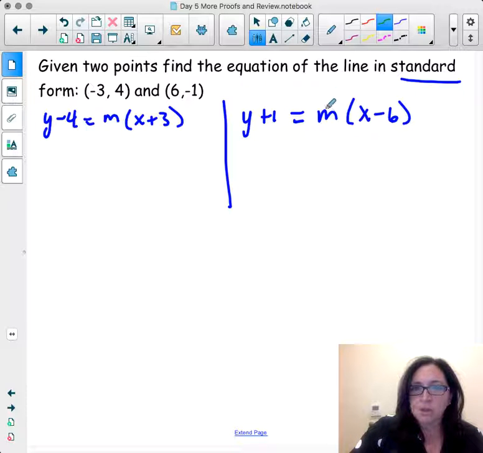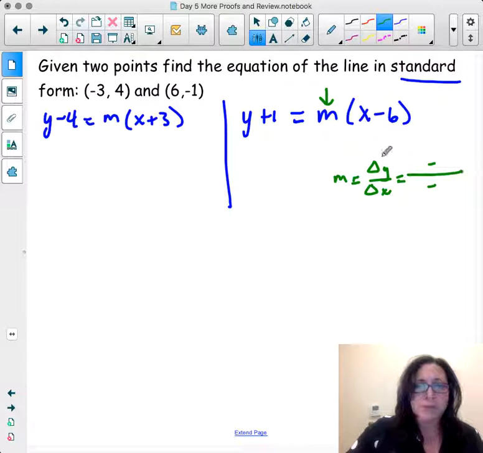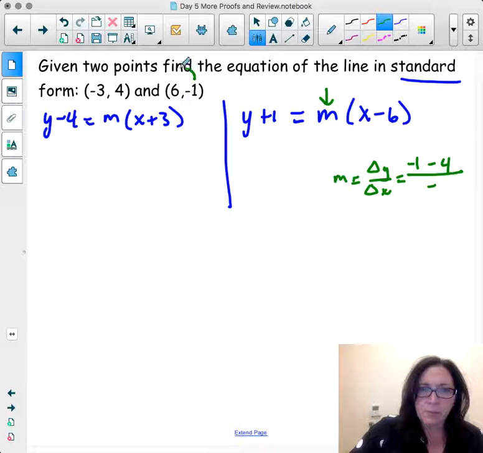I need a slope. See this m? That's a slope. Same line, same slope. Slope, subtract your y's over subtract your x's. That's the change in y over the change in x, which basically means that's your slope. Okay? Subtract your y's over subtract your x's. So negative 1 minus 4 over, and now I have to go 6 minus negative 3.